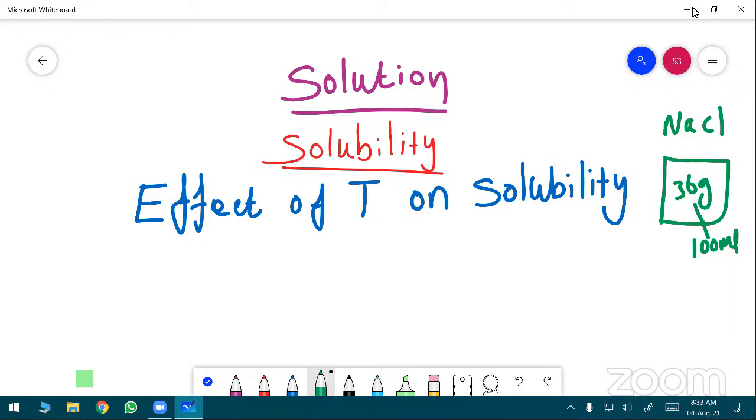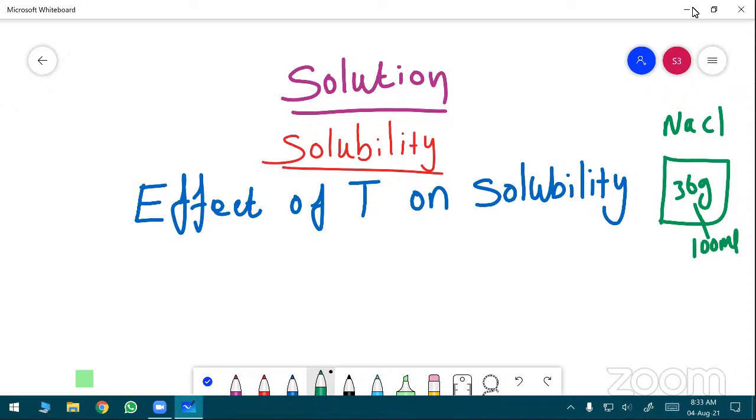So exactly 36 gram of NaCl will dissolve in 100 ml of water. That is the solubility of NaCl. We have already seen that. Now we are going to see how the temperature affects the solubility.